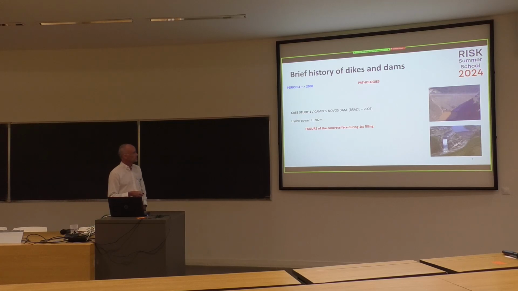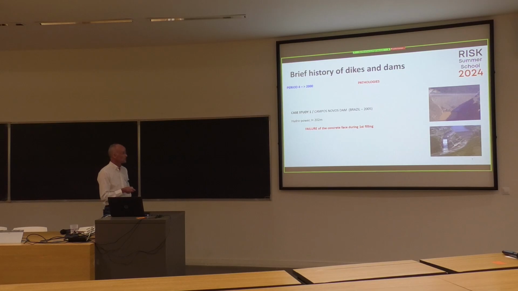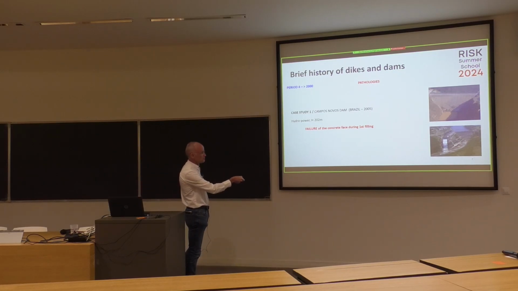So the first case is the Campos Novos dam, constructed in Brazil between 2000 and 2005. This dam was constructed to produce electricity. Its height is 202 meters. So this is the picture now.